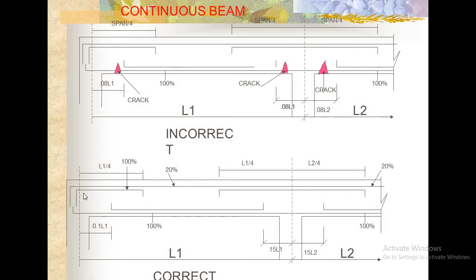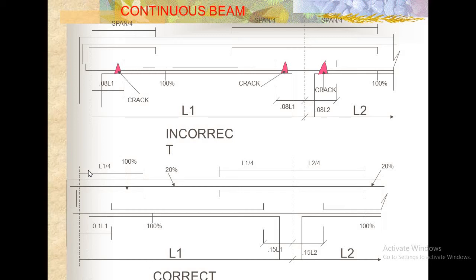And additionally, the intention of the curtailment is to bend up this bar. Actually, if you do not curtail, you need to bend up this bar to the top to ensure 100% reinforcement at the support. For that purpose, you need to provide the bending up.